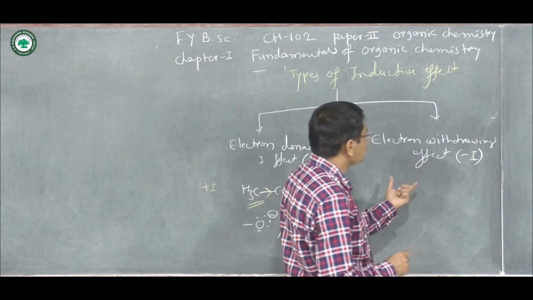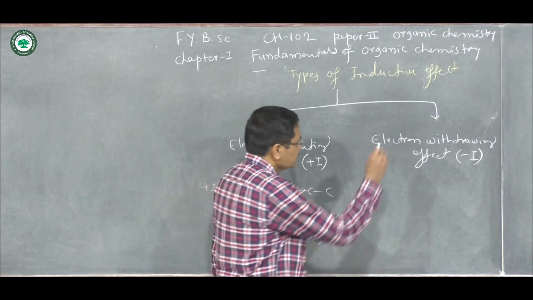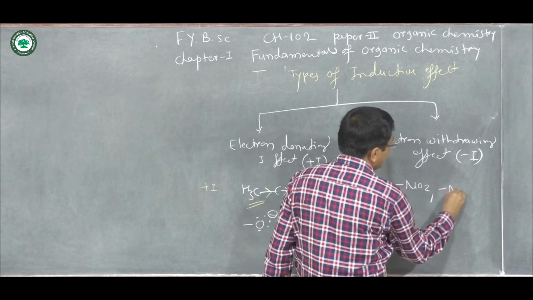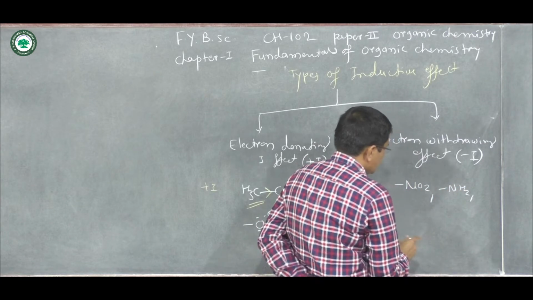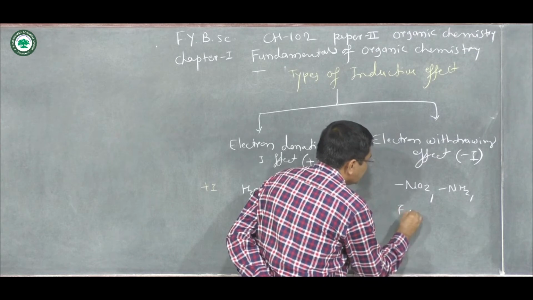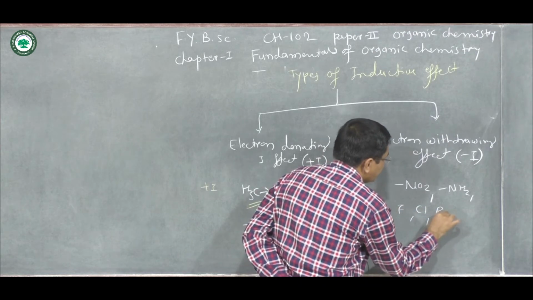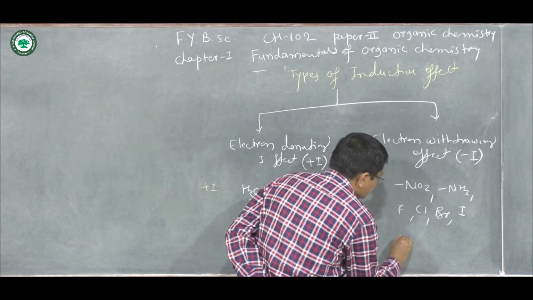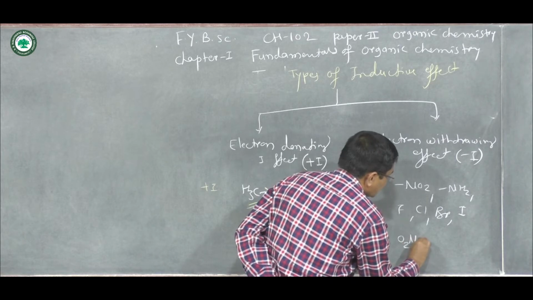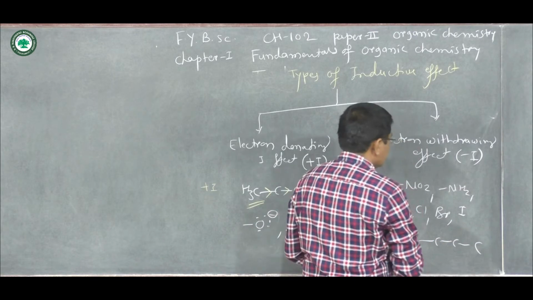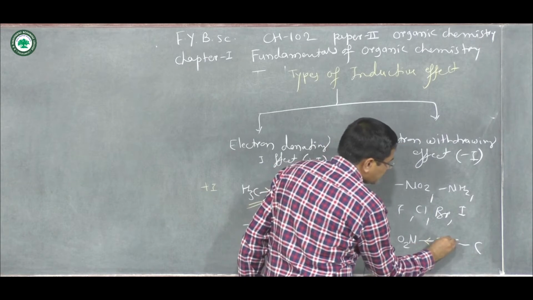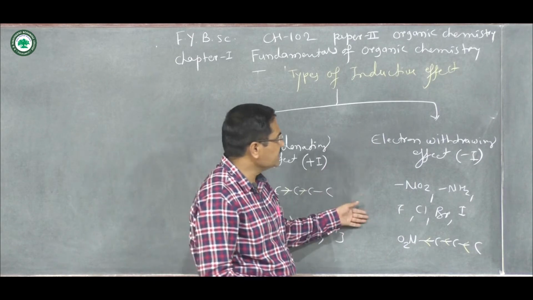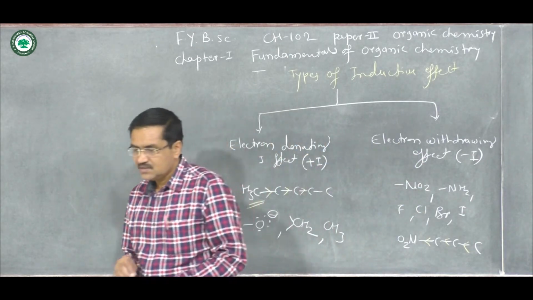There are also some electron withdrawing effect, that is minus I. Example, NO2, NH2, fluorine, chlorine, bromine, and iodine. Means here this group withdraw the electron from carbon chain, and hence they are under the heading electron withdrawing effect.